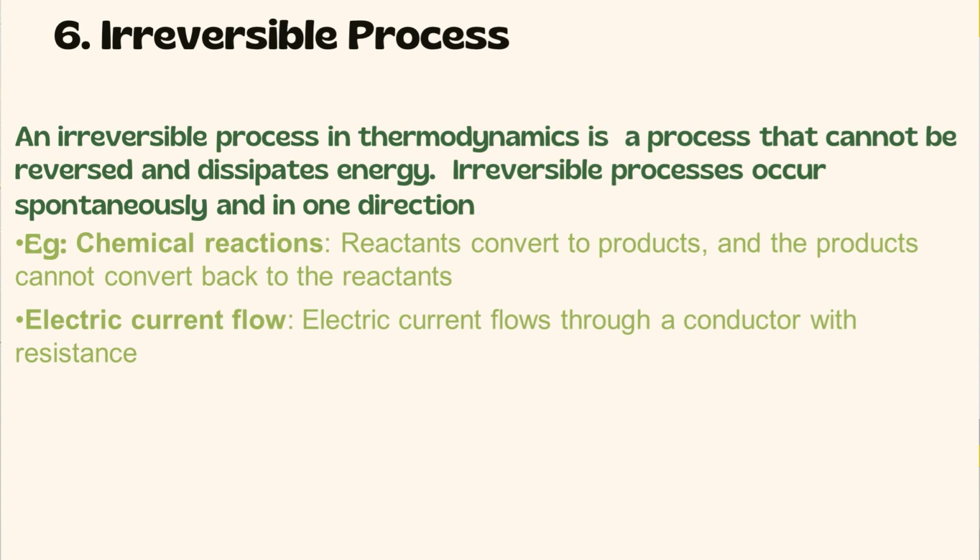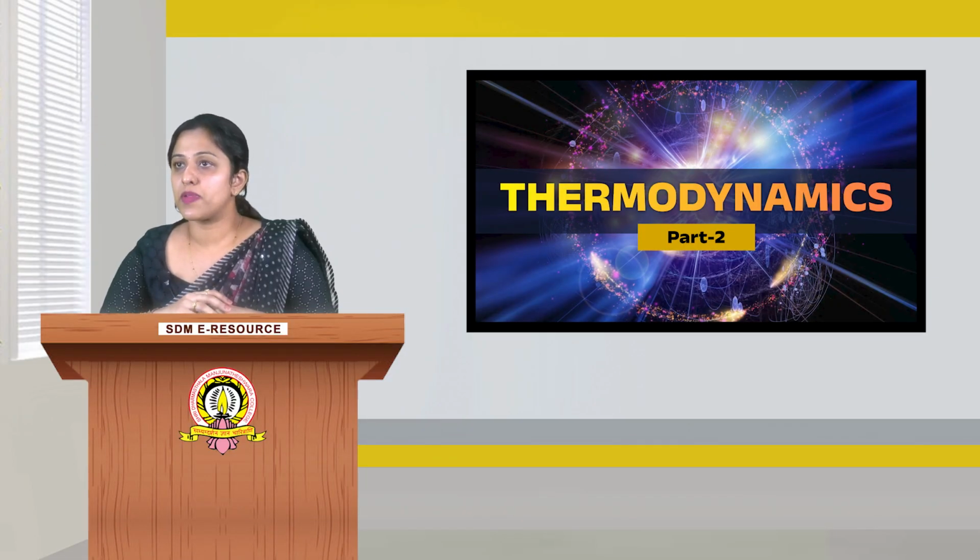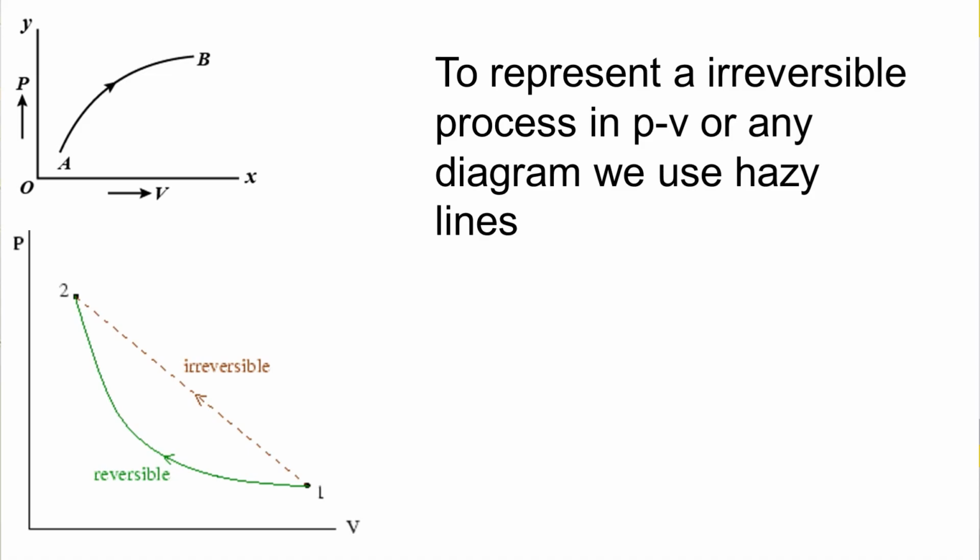Electric current flowing through a conductor with resistance is also an irreversible process. To represent an irreversible process in a PV diagram, we use dashed lines. In the diagram, we can see that an irreversible process can take place in only one direction. It cannot be reversed.